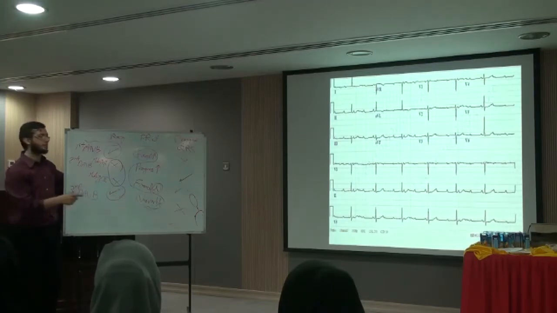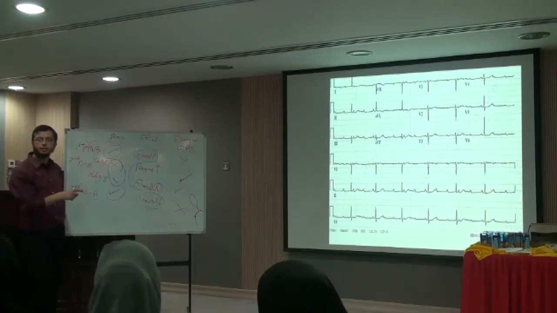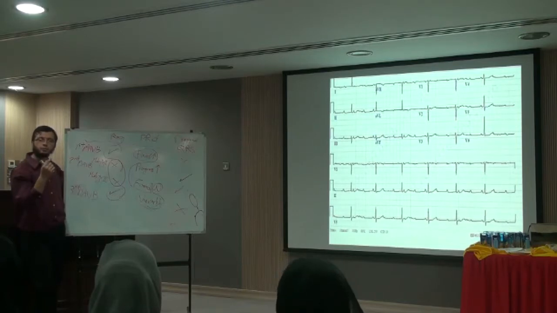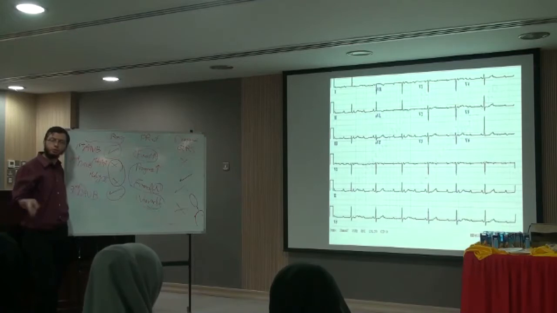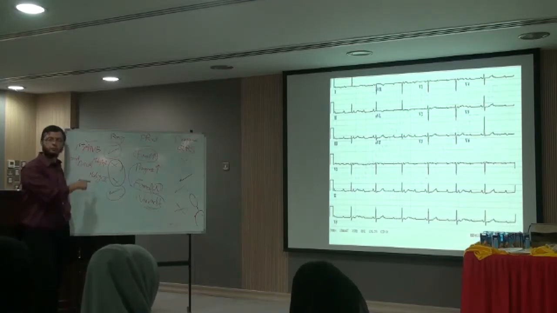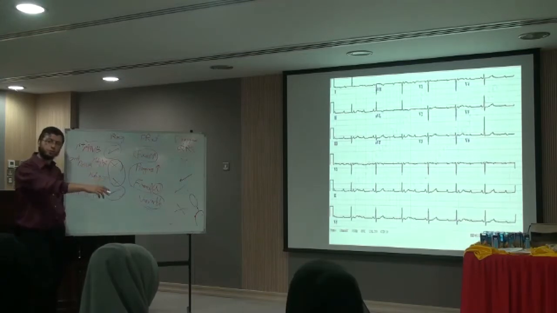No, just saying that the third degree AV block is one type of the AV dissociation. So the AV dissociation includes the third degree AV block and other things. So if you see the third degree AV block on the ECG, don't write AV dissociation.